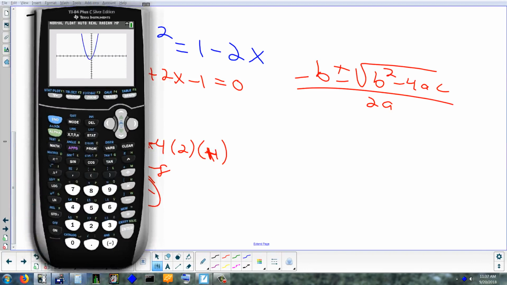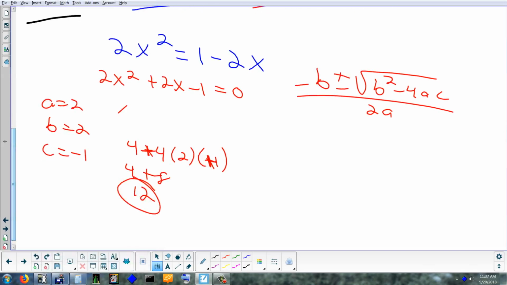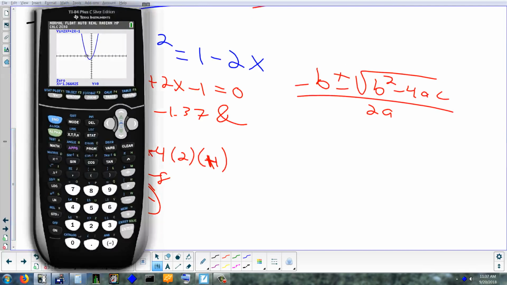All right. So now second calc 0. Okay, I'll do the one on the left. If someone can get the one on the right, that'll help us out a little bit. So go left, go right, and do your guess. And one of the answers is negative 1.37. And there's one more, which looks like it's about 0.4.